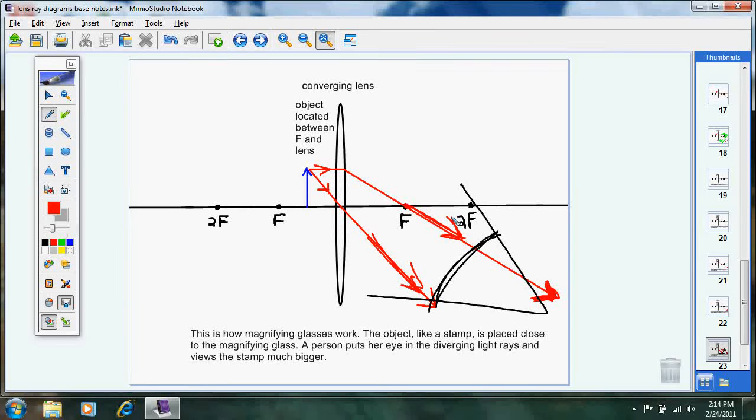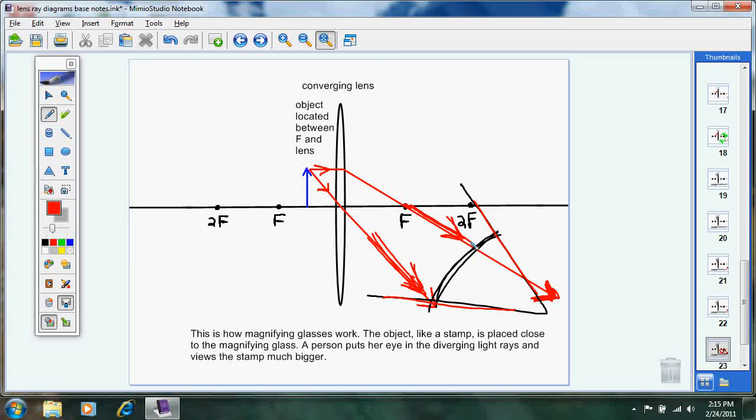Just like a person catching a baseball with their eyes closed and determining where the baseball came from by the way it felt as it went into the mitt, your eye figures out where that light came from by the way it goes into the eye.